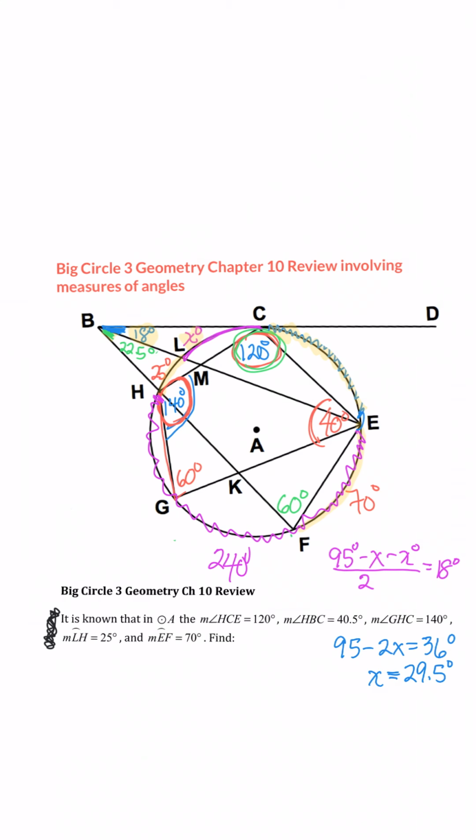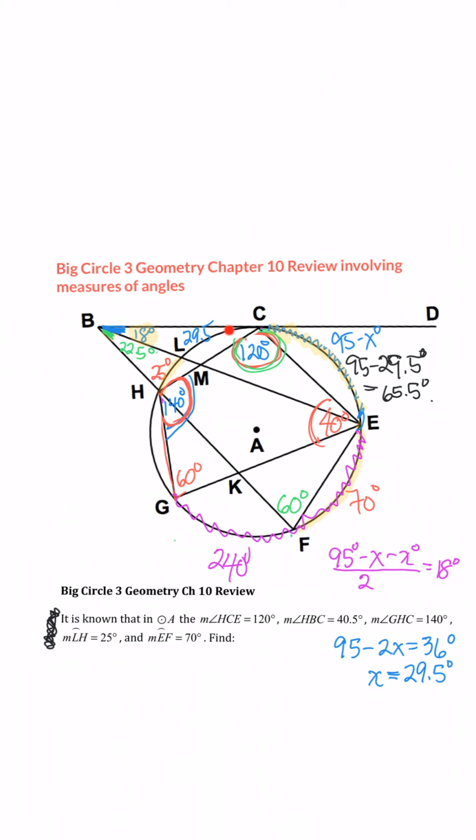So we can now replace this x by 29.5 degrees. 95 minus 29.5 degrees is equal to 65.5 degrees.